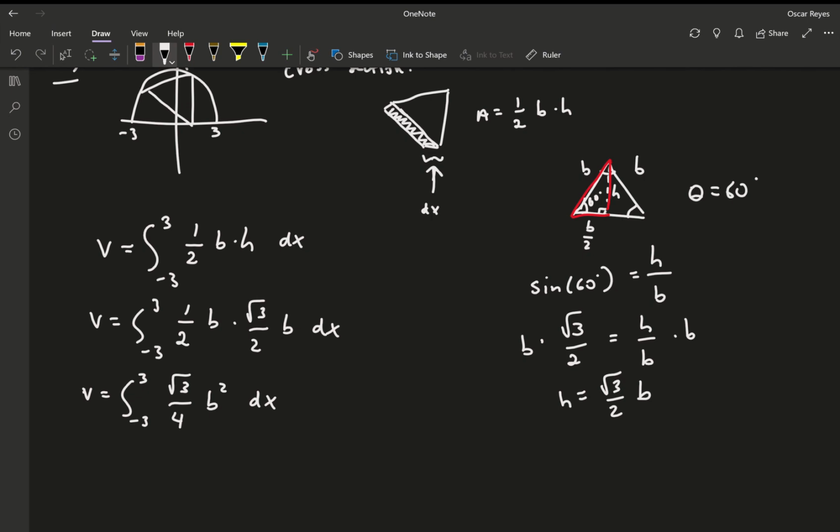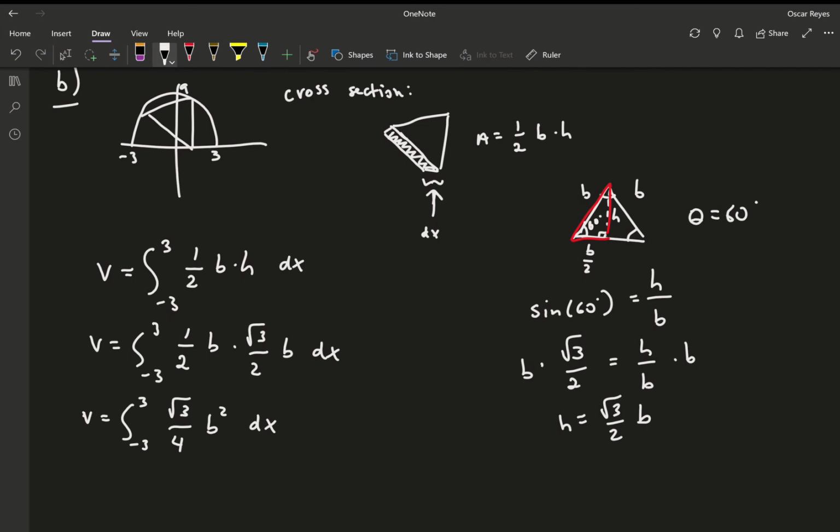And we know that the base, which is here, is dictated by our y. So we know that b is equal to y. As we go here, our base has a different y value, and here, and here.